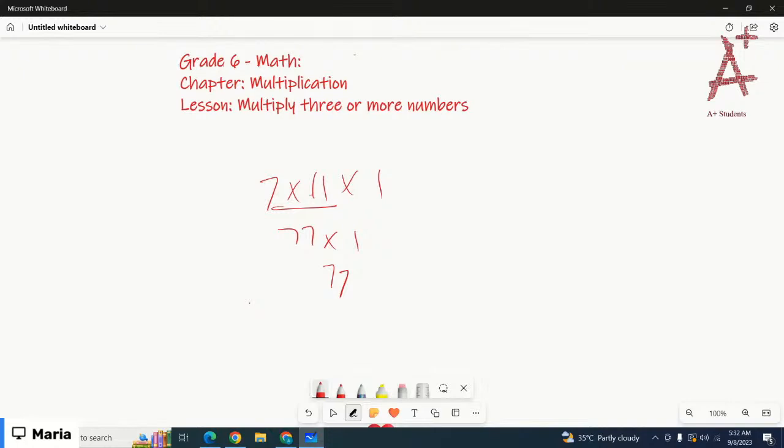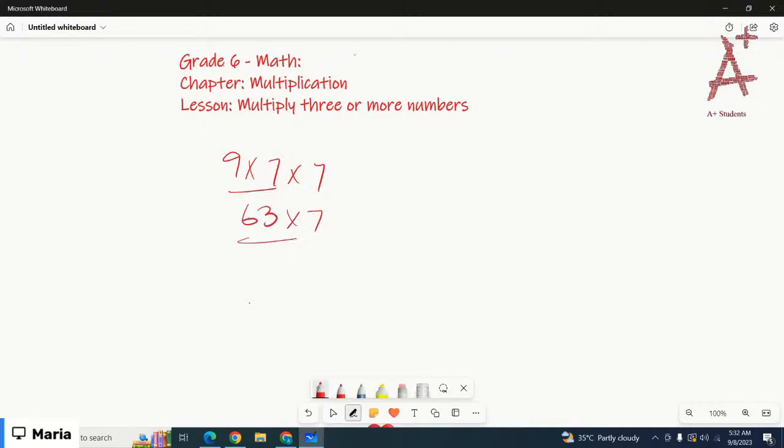Okay, let's do another example, that is 9 times 7 times 7. So how do you multiply? Just make a group of any two numbers, right? 9 times 7 is 63.